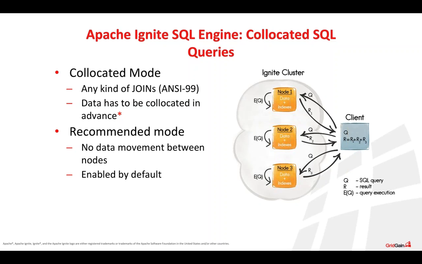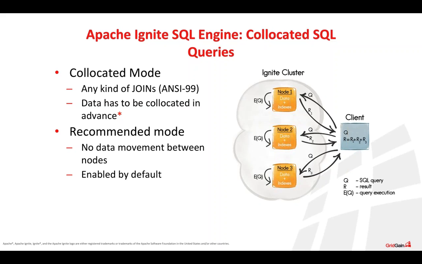This query is sent without any modification to all the cluster nodes that store data that is going to be queried by the request. After that, when every node receives this query, it will execute it over the local data set only, the data set available on this node, and will return a partial result set to the client.